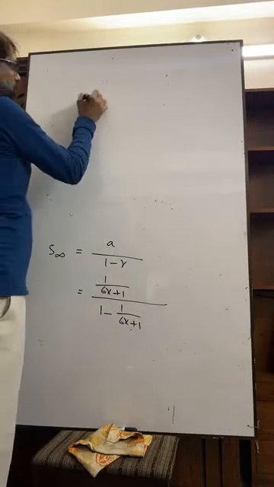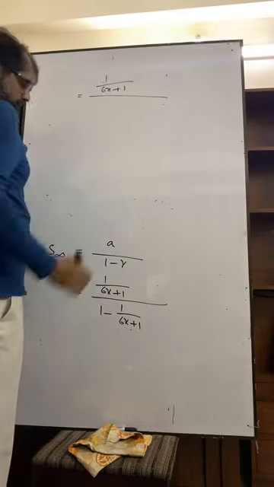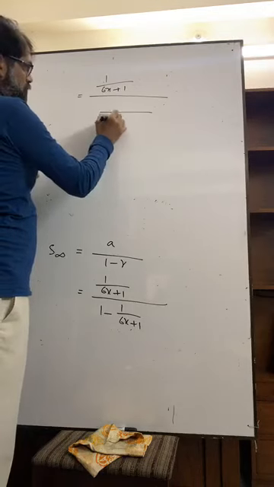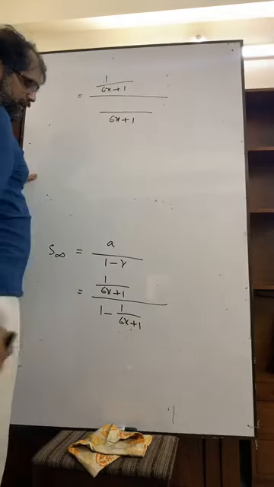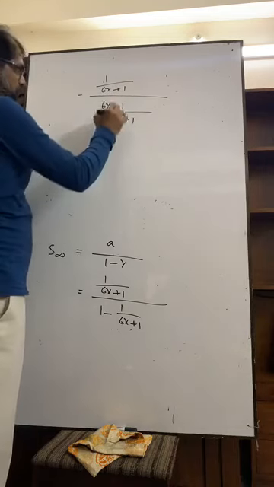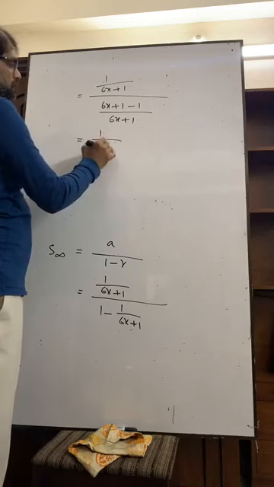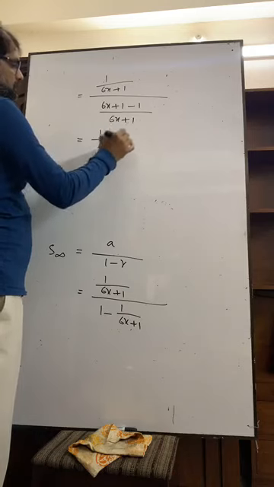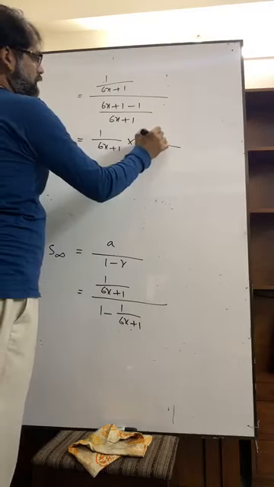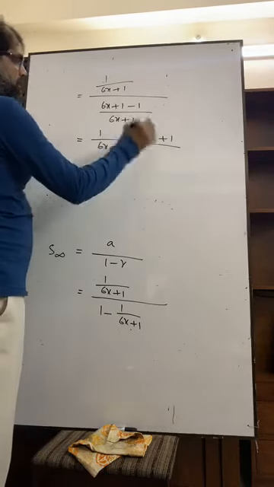It is equal to 1 by 6x plus 1. Now 6x plus 1 can be taken as LCM, 6x plus 1 minus 1.